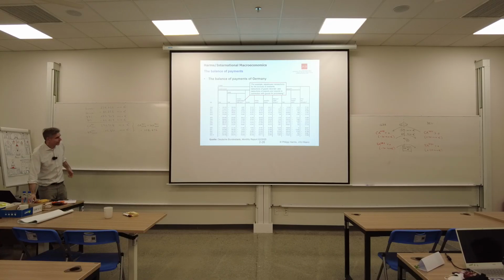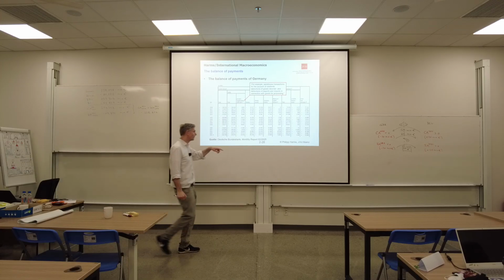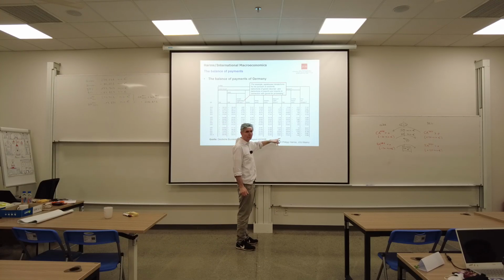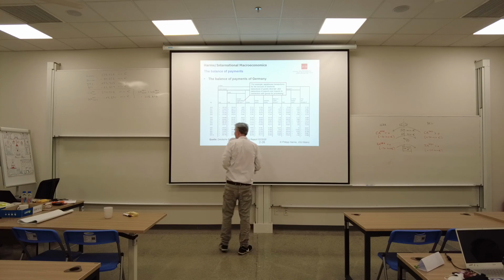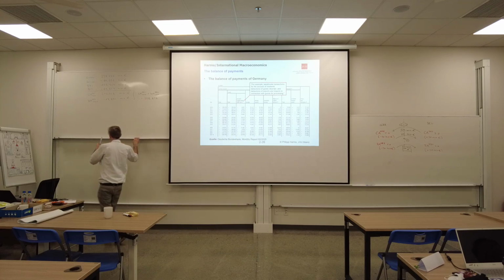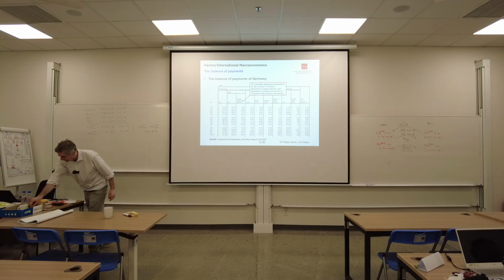Okay, what was the financial account? What is the balance on the financial account in 2024 in Germany? Actually, you don't see it. It's this number. Let me use still another color.